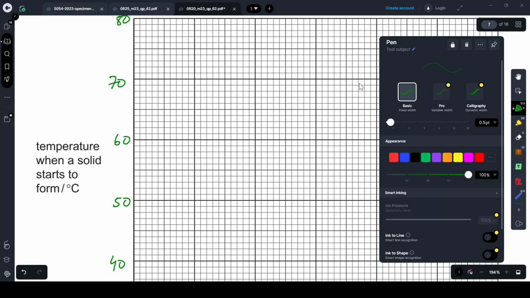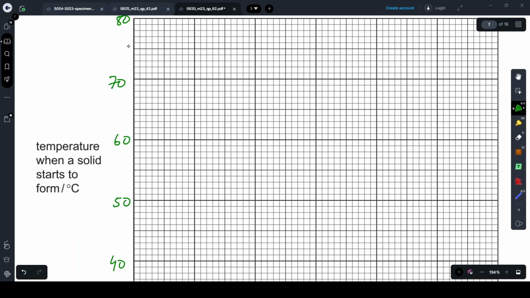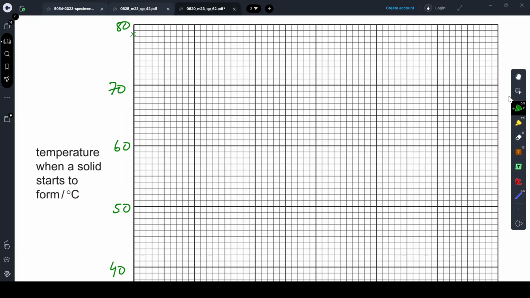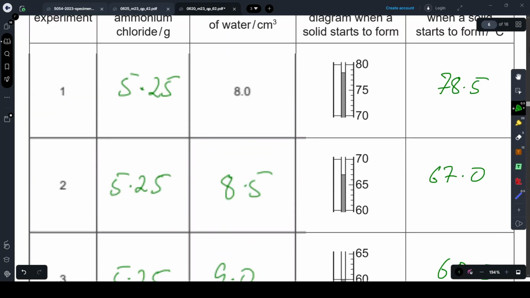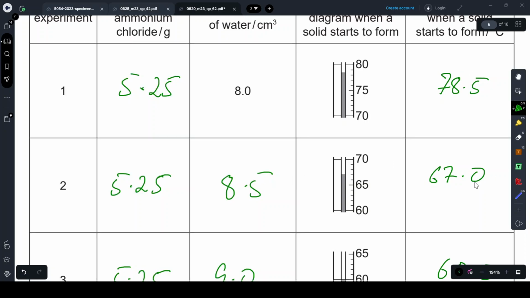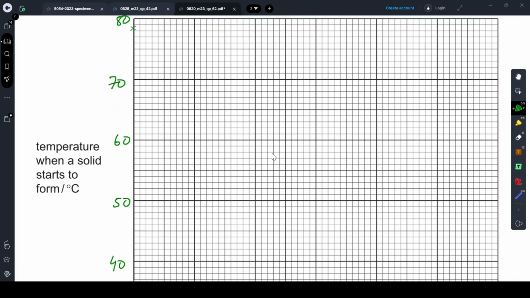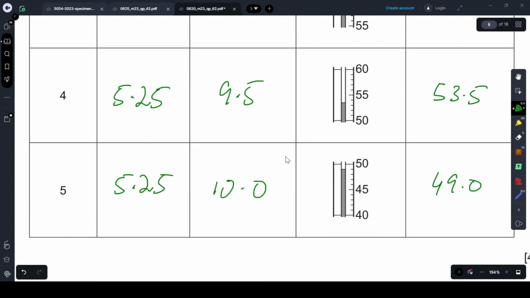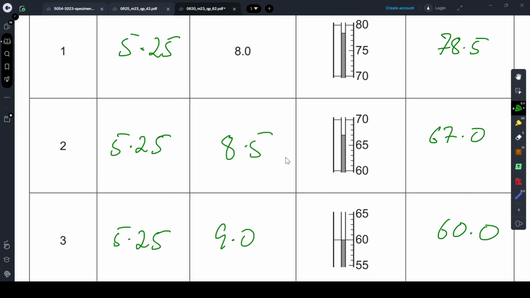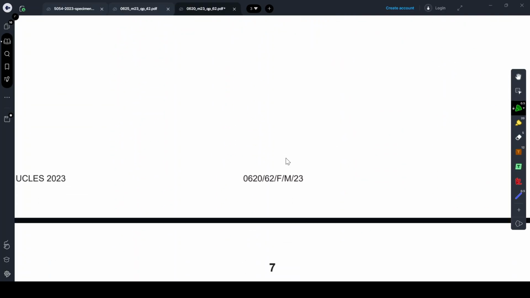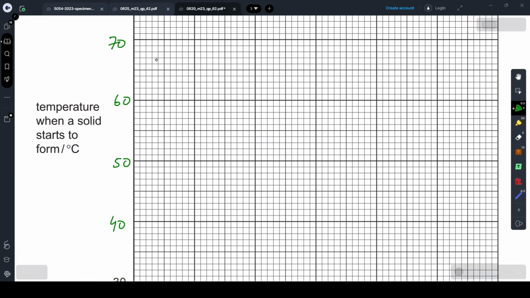There you go. Once again, at 8 centimeter cube, this is 78.5. So make a very delicate cross. Then you have 8.5 centimeter cubes at 67 degrees. So 8.5 is here, and it was 67, so 65, 66, and 67.